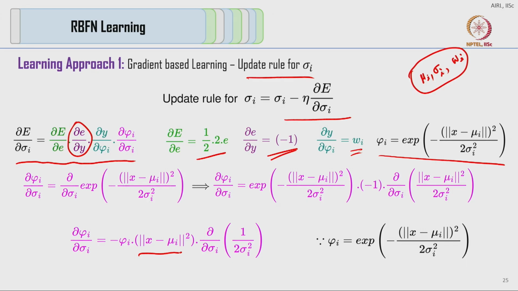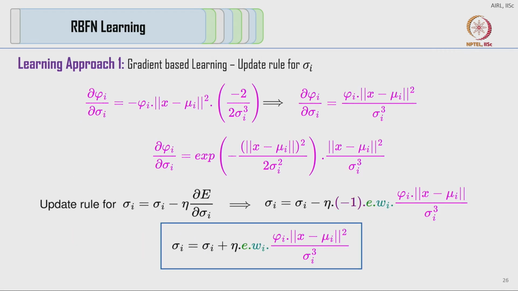Then we will have ∂/∂σi of 1 by 2σi square. If you are differentiating that, you will get minus 2 divided by 2σi cube. So this minus 2 and this 2 will cancel, and this minus and this minus cancel. What you get is φi times (x minus μi) the whole square divided by σi cube, right.